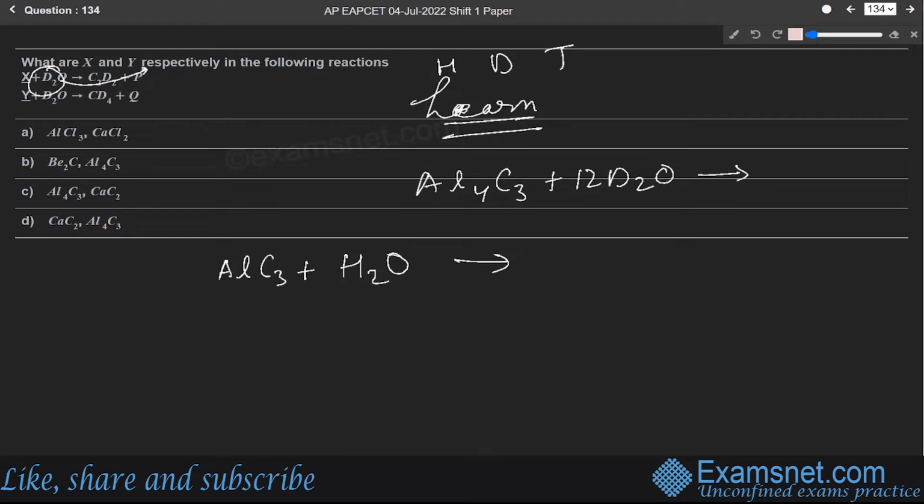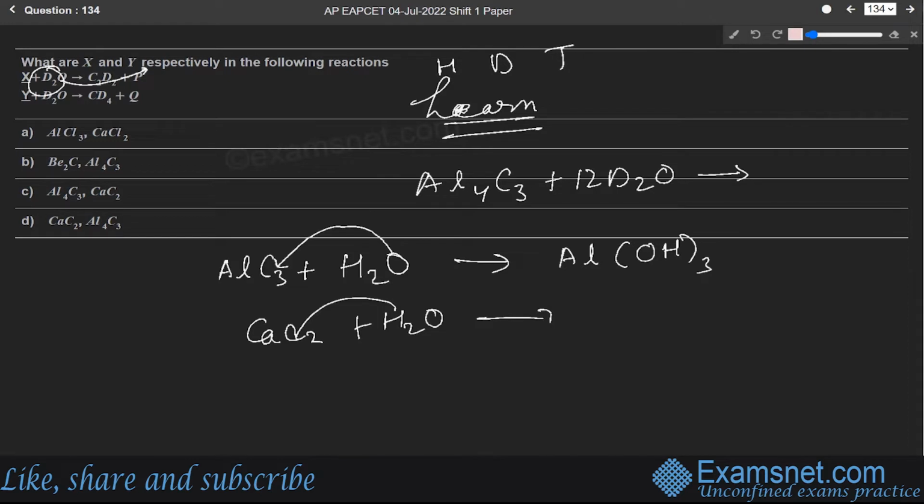You will be substituting OH there: Al(OH) whole thrice. And if I give you any compound, like calcium carbide CaC2, again you'll be substituting OH on this side. Ca(OH) whole twice. It's a very easy way. This is a preparation, right?